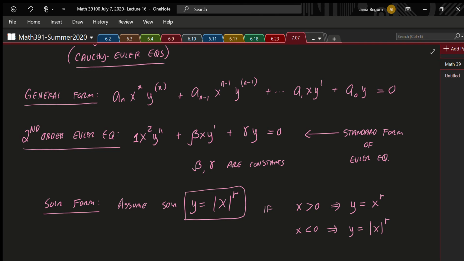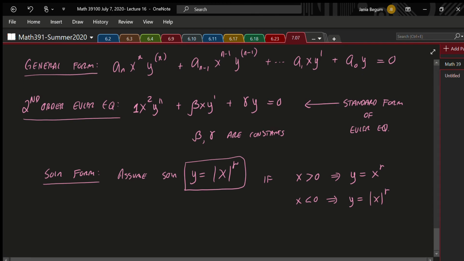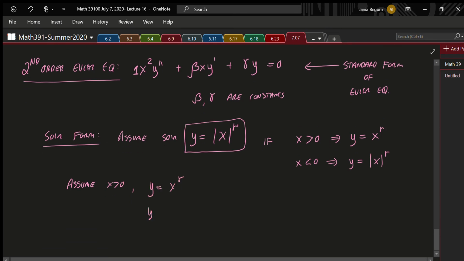I'm going to work with the first case, just assume that x is bigger than 0. So y is equal to x to the r. That means I can compute its first derivative and second derivative and plug it into the standard form.